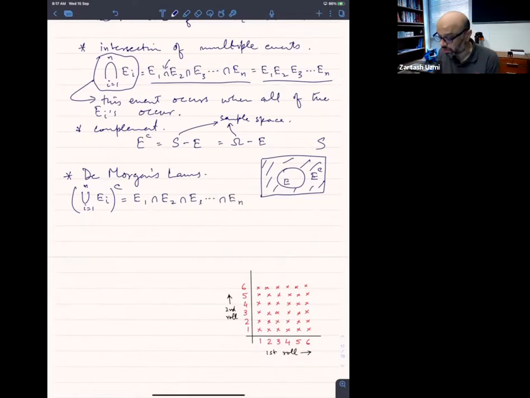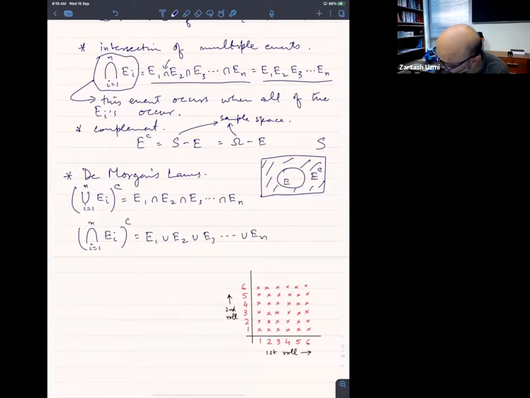So the union changes to intersection, and same thing when you have intersection of multiple events. If you take the complement of that, this will become E1 complement union E2 complement union E3 complement dot dot dot union En complement.